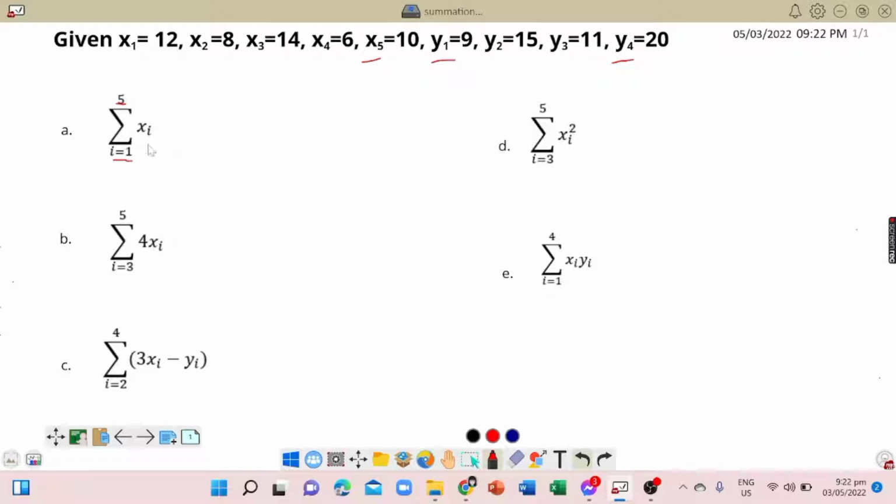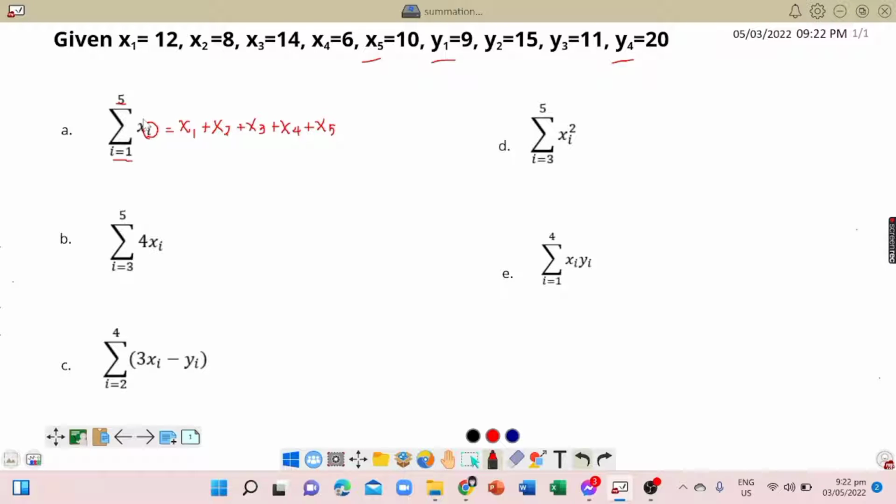So we are going to substitute the value of i into this one. That means x sub i is x sub 1 because our starting value is 1. Then, plus x sub 2 plus x sub 3 plus x sub 4 plus x sub 5.